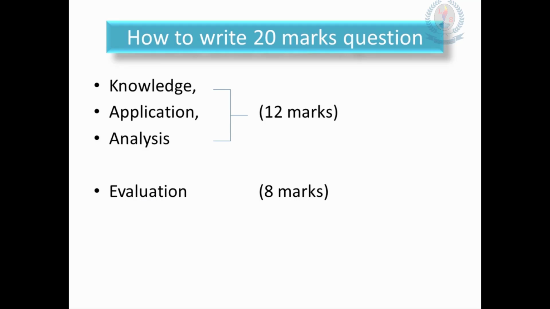For the 20 marks questions, we have to write knowledge, application and analysis in a balanced way because they are giving 12 marks for that. It means first we have to write the definitions, after that we have to discuss the case study and we have to analyze that. It means we have to give the evidence. But in here, the evaluation part is the main part in these questions.